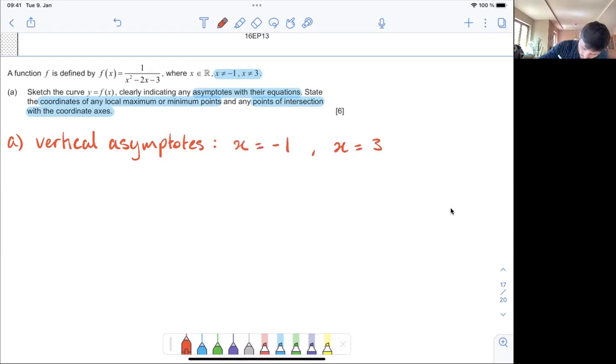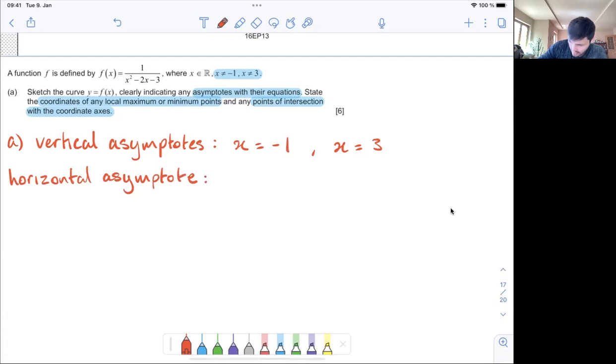Moving on to the horizontal asymptote. Now this is the limit as x tends to positive and negative infinity of f(x).